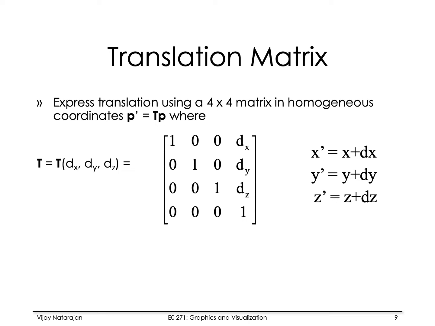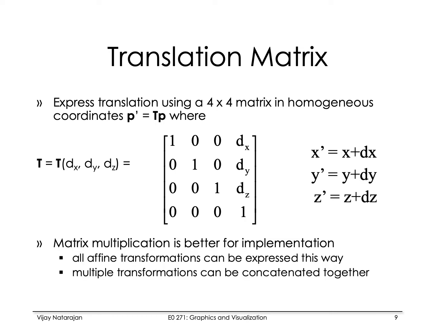So all I have done here is to rewrite these three expressions, x prime is equal to x plus dx and so on, in the form of a matrix T. So the matrix T has 3 arguments. That's essentially the displacement vector, and you see that the 3 arguments appear in the 4th column.